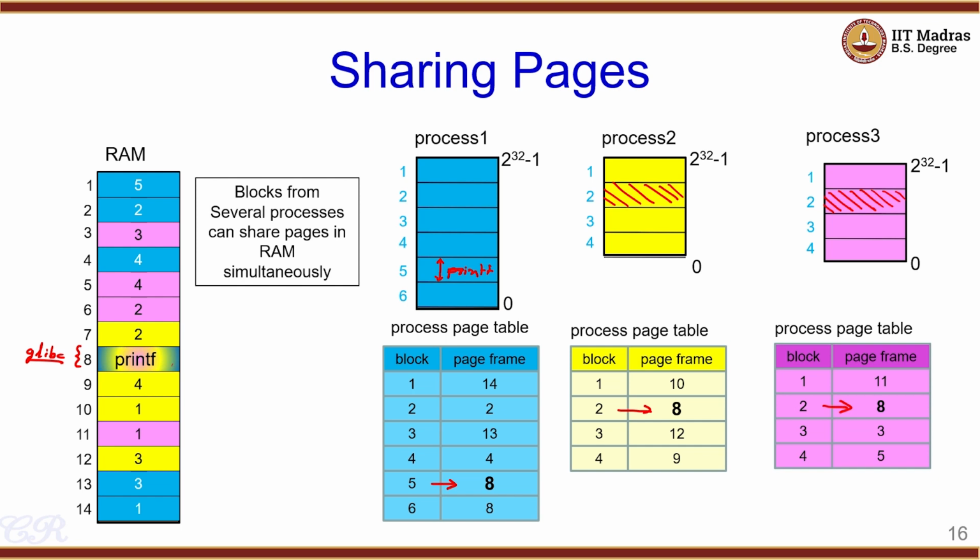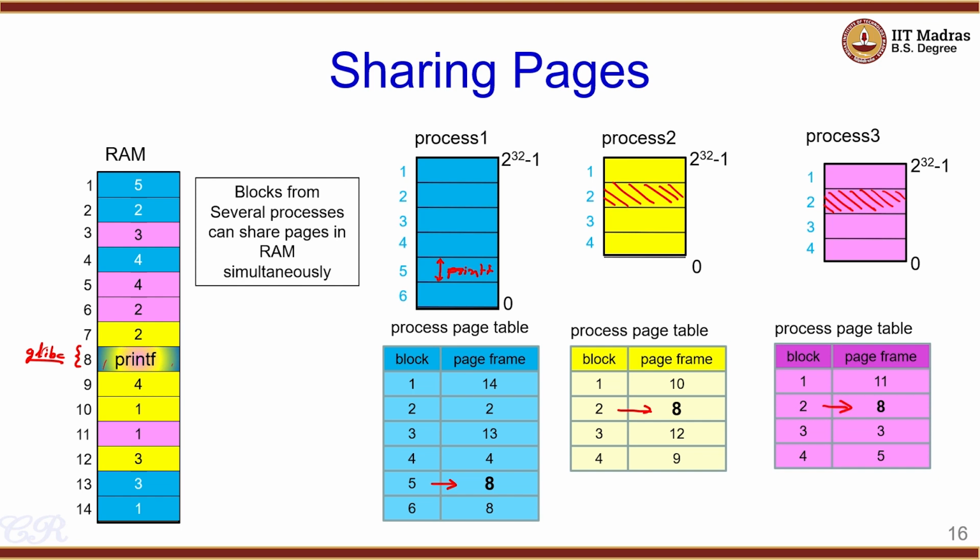So, even though there are 3 processes, with the help of the process page table mapping, we are able to have a common library which holds just a single copy of printf. It is not needed to have 3 copies of printf, even though printf is invoked in every process. We use the process's page table to map the virtual address space for that particular process to the required page frame which holds the printf.